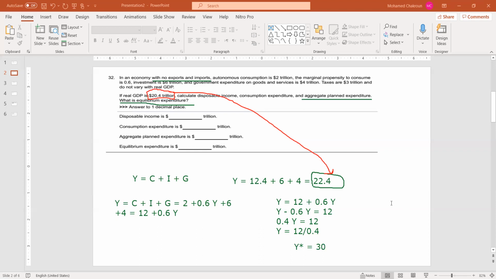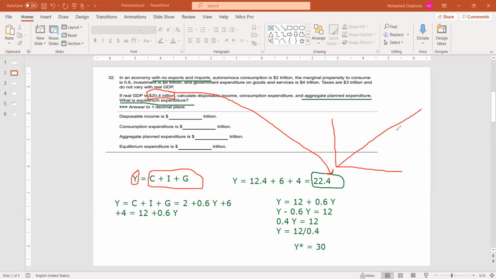So finding equilibrium expenditure consists in finding the value of Y that equalizes, this is real GDP, and this is aggregate demand. We need to find the equality in order to get what we have represented in our course.